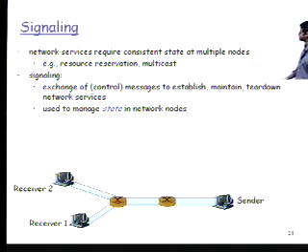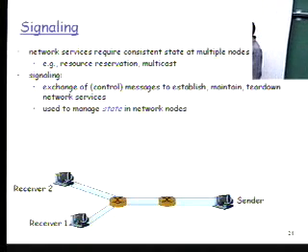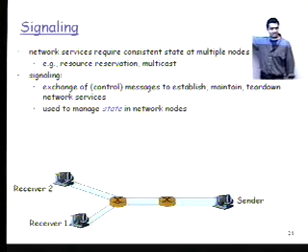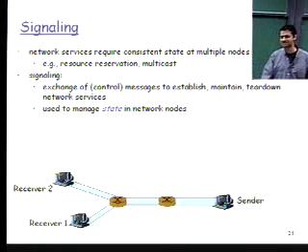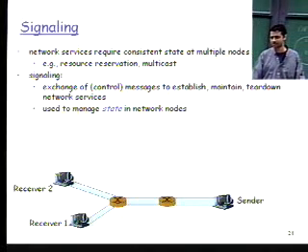We'll see how multicast works, but since this packet is going to multiple receivers, this packet does not have a unique destination address. It is sort of going to some virtual multicast address which is not associated with a unique machine.